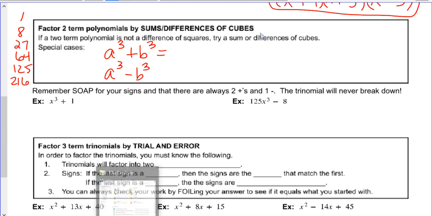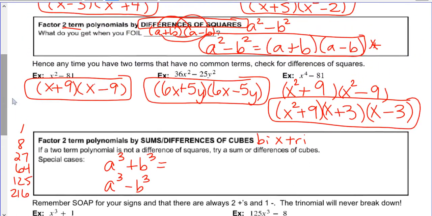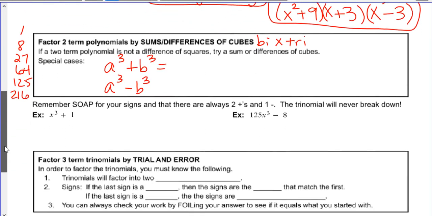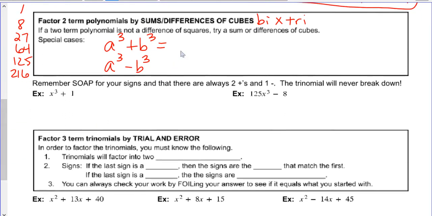So this is going to be a binomial times a trinomial. The first one up here with sum or difference of squares broke down into two binomials, meaning two terms in each. And these are going to break down to a two-term and a three-term polynomial. So I'm going to do a binomial times a trinomial.